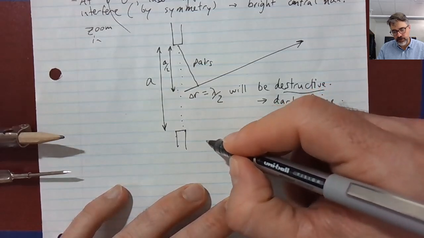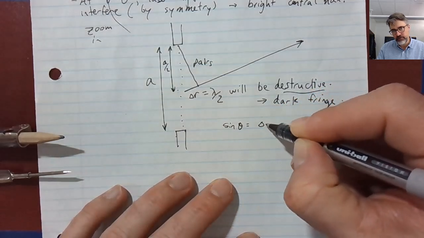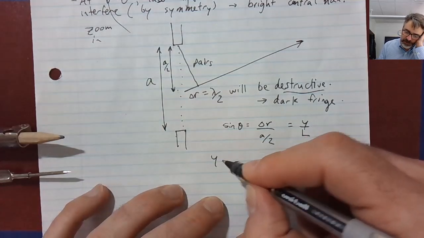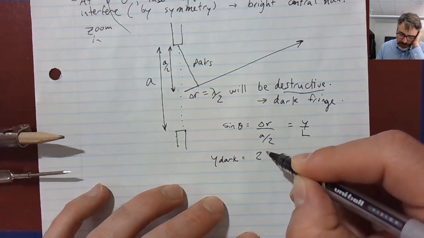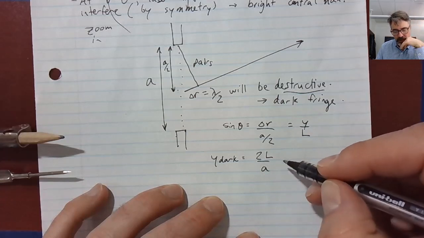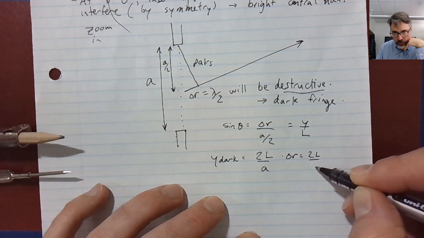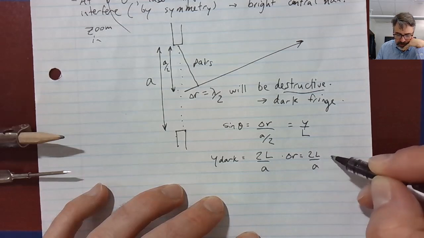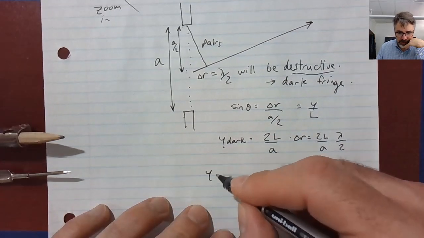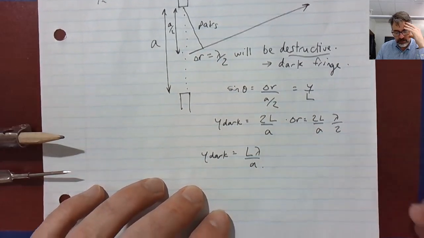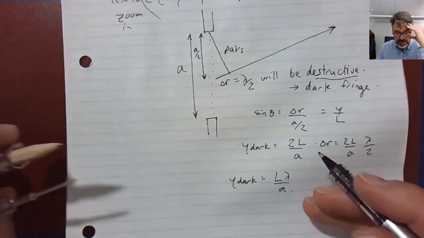So you make a lot of pairs. If they're all 0, and you can fill the whole space, you can solve that out with the geometry, same as how we did with double slit. You get y dark is 2L over a times delta r. And if delta r is lambda over 2, then the 2's cancel, and you just get that the dark fringes are at L times lambda over a.